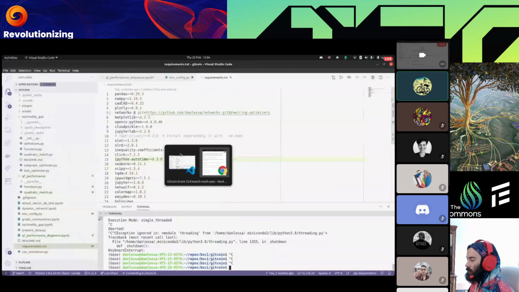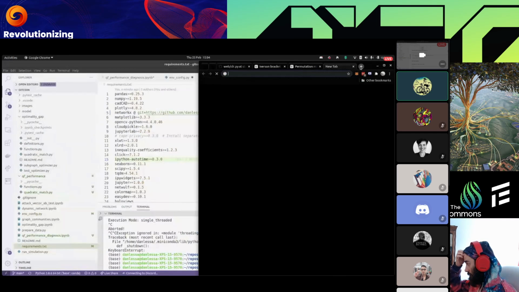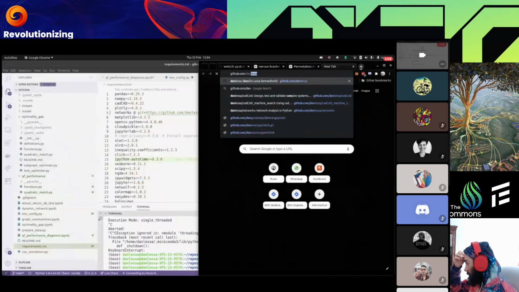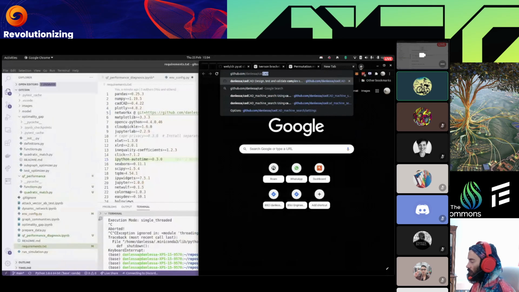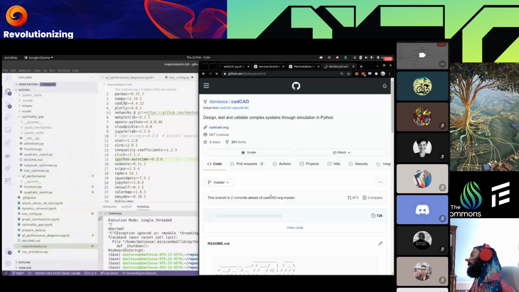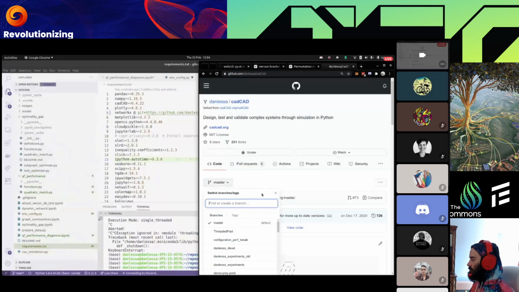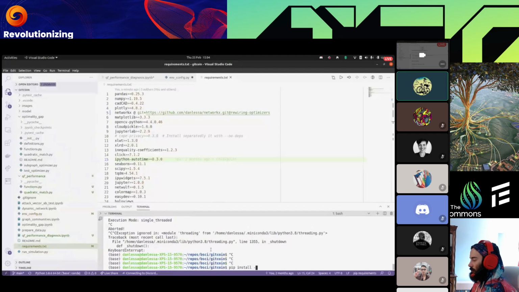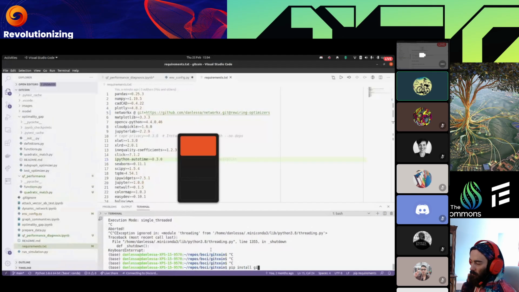There is a special version of cadCAD that for a lot of hacks that I do, it runs a lot faster. The Gitcoin simulation is one of them. So let me install that. I think it's the dev one. Pip install. I always forget the command.